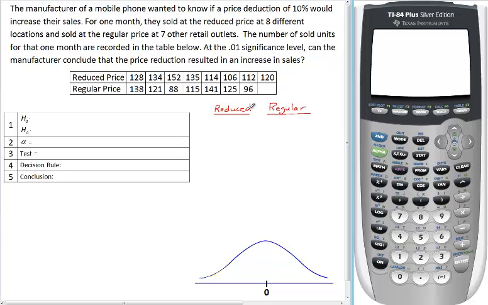In this particular one, we don't know a lot of information yet. We do know that the number of stores in the reduced sample is 8, and in the second it's 7. We don't know the mean, and we don't know the standard deviation of each one.